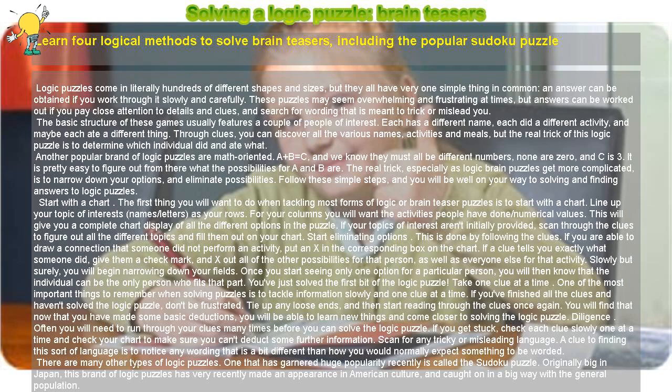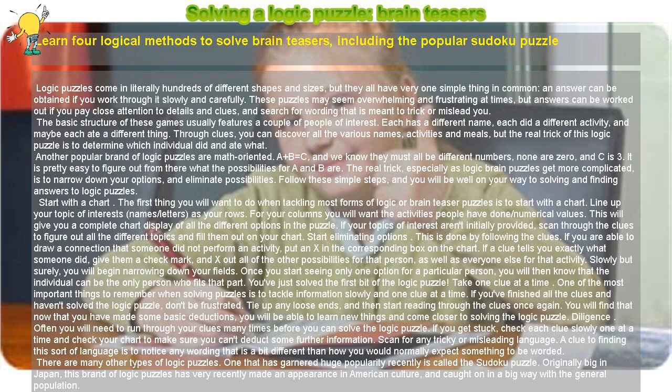Start with a chart. The first thing you will want to do when tackling most forms of logic or brain teaser puzzles is to start with a chart. Line up your topic of interests, names/letters, as your rows.